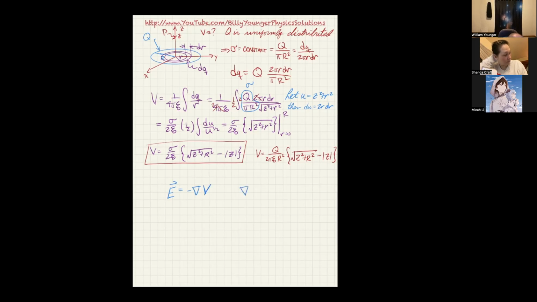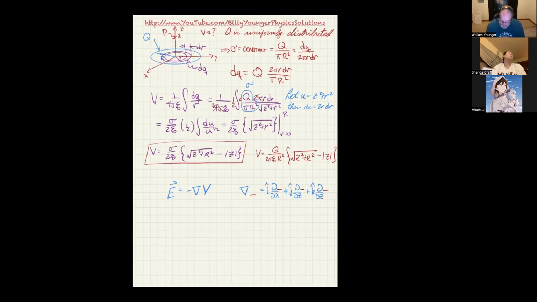And I'll remind you that the gradient is actually a vector operator. So you look at it as if it has this little slot next to it where it's waiting to take something that it can act on. And then you put i hat, partial derivative with respect to x, and leave a little spot again, plus j hat, partial with respect to y, leave a little spot for it to operate on something, and then plus k hat, partial with respect to z, again leaving a little spot.